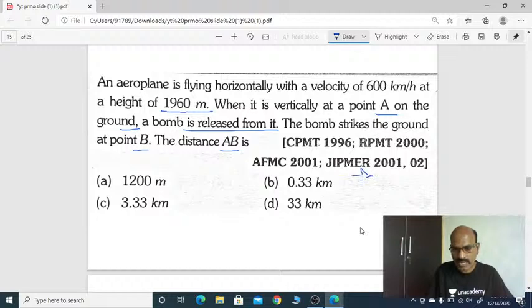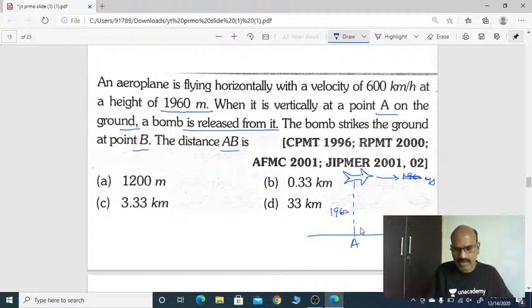An aeroplane is flying horizontally with the velocity given. It is horizontally flying. This is the earth surface. Now the aeroplane is just above point A. The height is given as 1960.